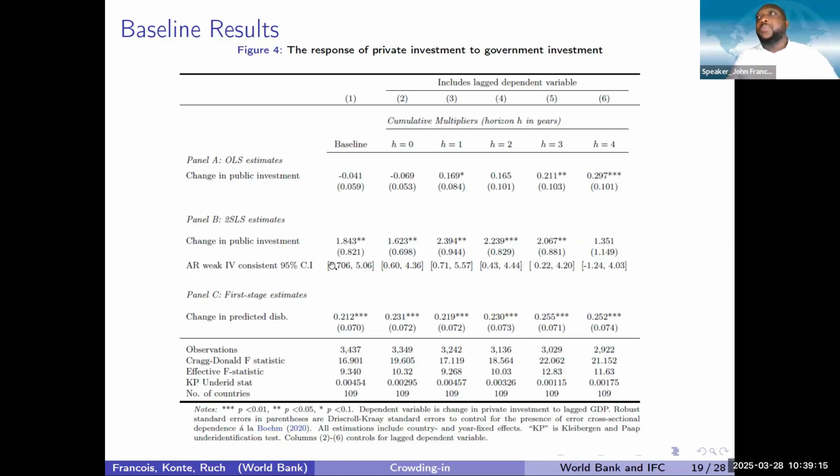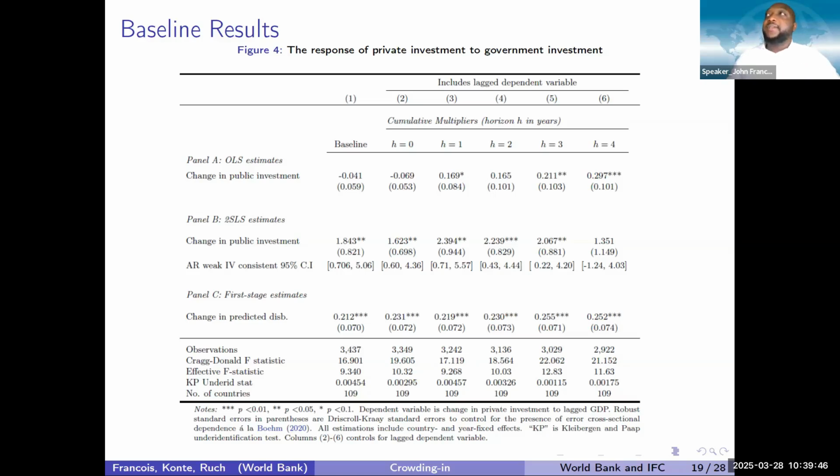So we do also report the weak-IV-consistent confidence interval to make sure that our estimated coefficient does not include zero, and you can consistently tell that the confidence interval excludes zero. So our results are fairly statistically significant, and we can rely on them and say that public investment actually crowds in private investment, right?